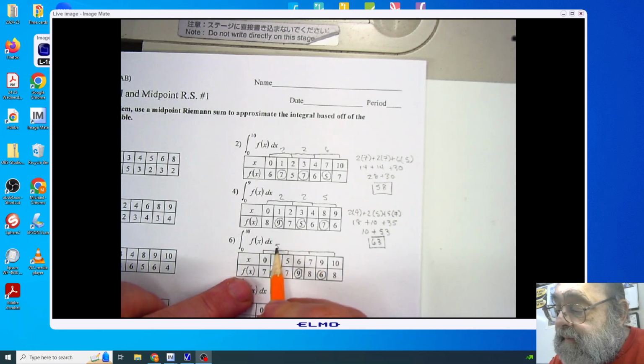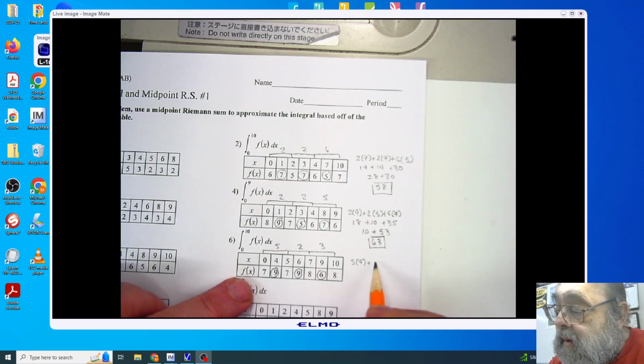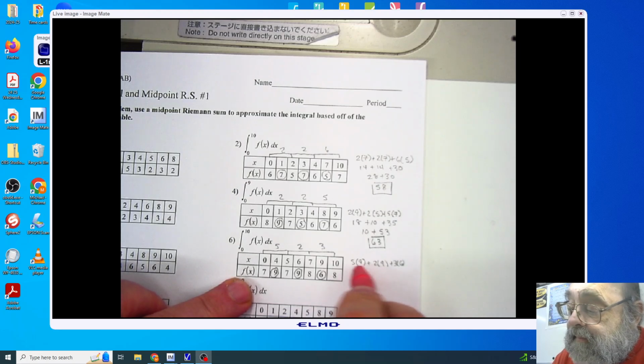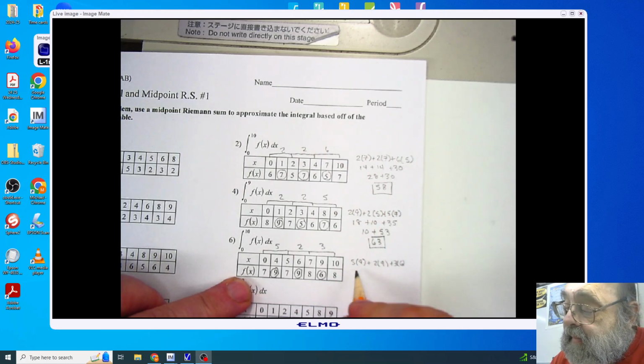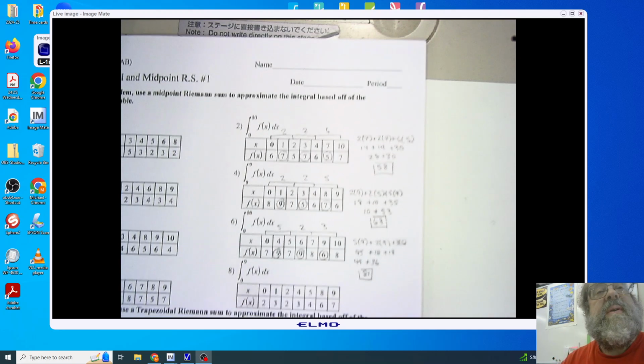Gap of 5, gap of 2, gap of 3, and we have 5 times 9, 2 times 9, 3 times 6, for 45, 45 plus 18 plus 18 is 45 plus 36 for 81. Last one of the evens.